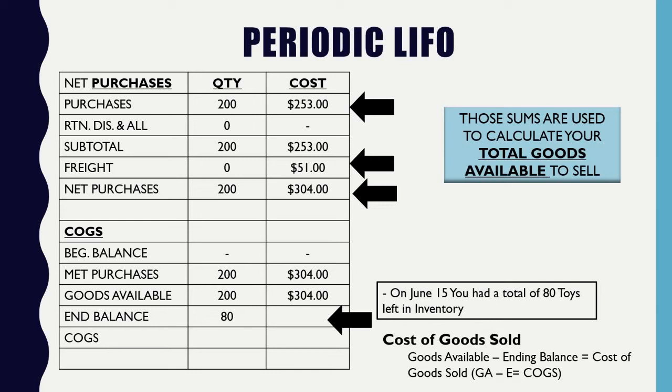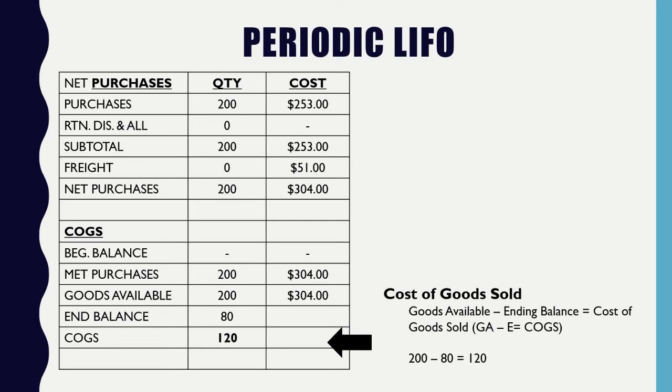We have 80 items available on hand. So if we start out with 200 and we have 80 items available, we must have sold 120 items during the first 2 weeks of June.